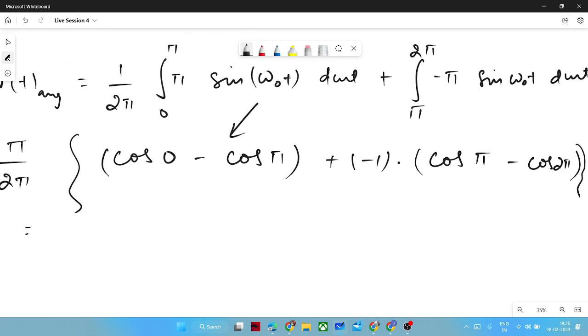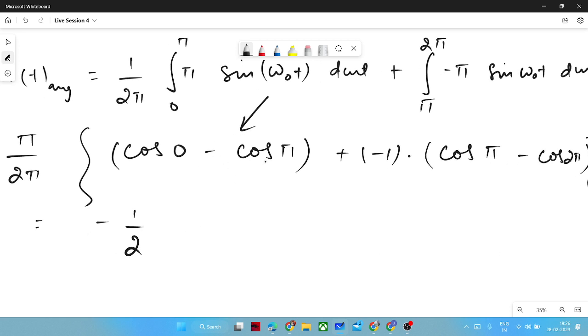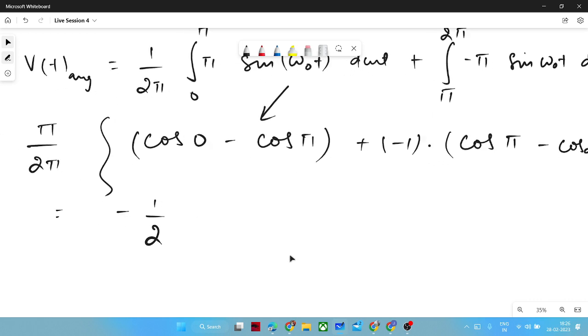So that will lead to minus half. Verify it on your end and let me know, please.